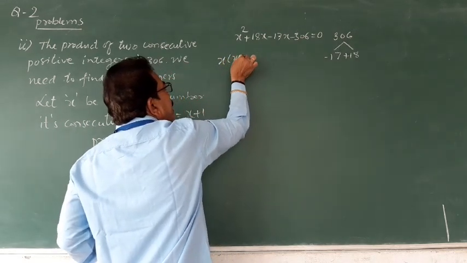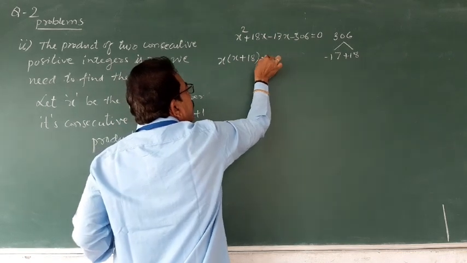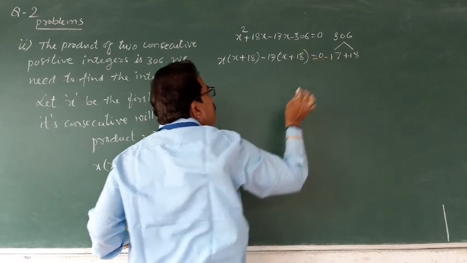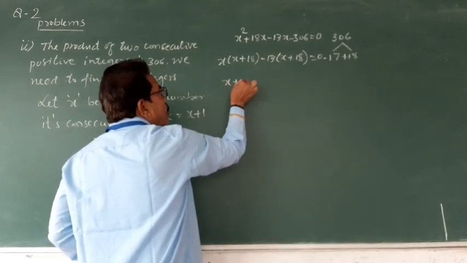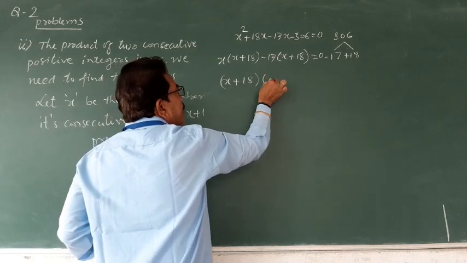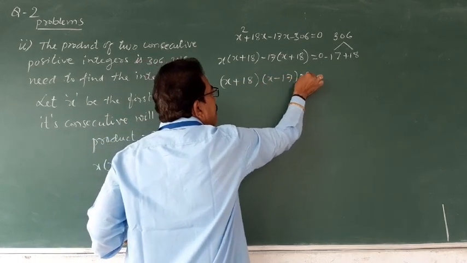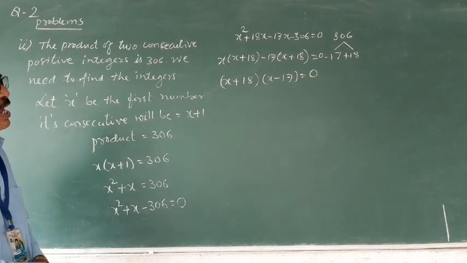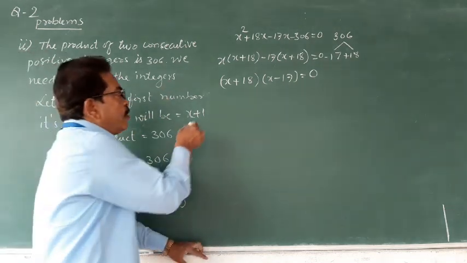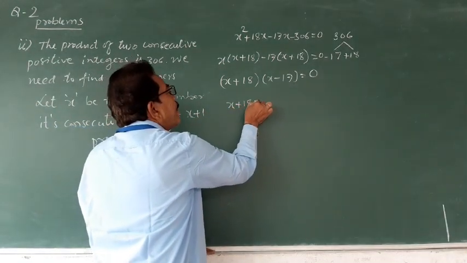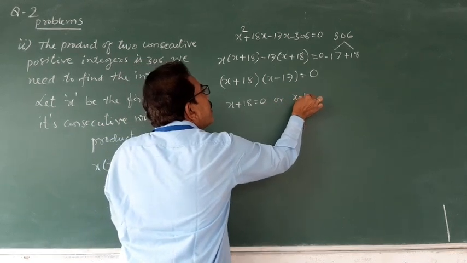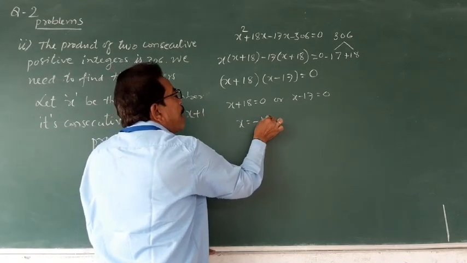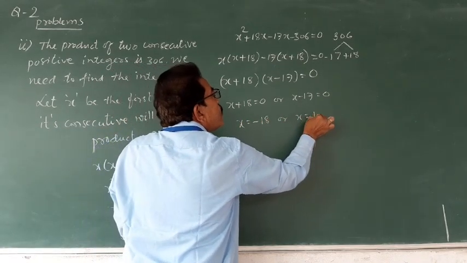So x in the bracket x plus 18 minus 17 in the bracket x plus 18 equals 0. Then the common factor is x plus 18, the non-common is x minus 17 equals 0. So x plus 18 equals 0 or x minus 17 equals 0. x is equal to minus 18 or x is equal to 17.